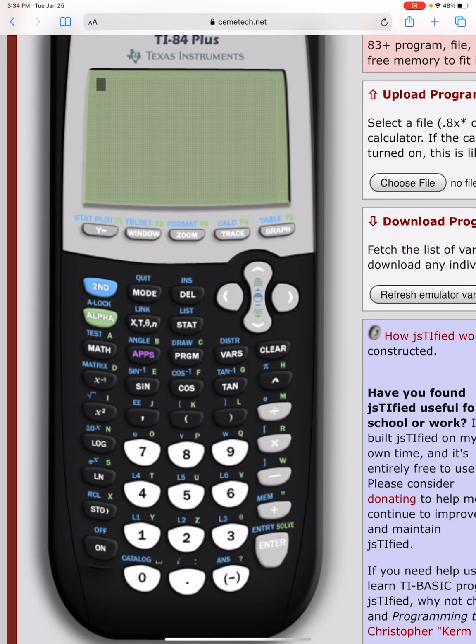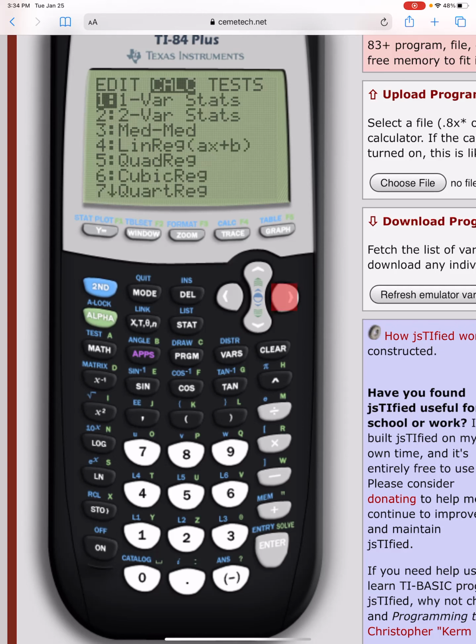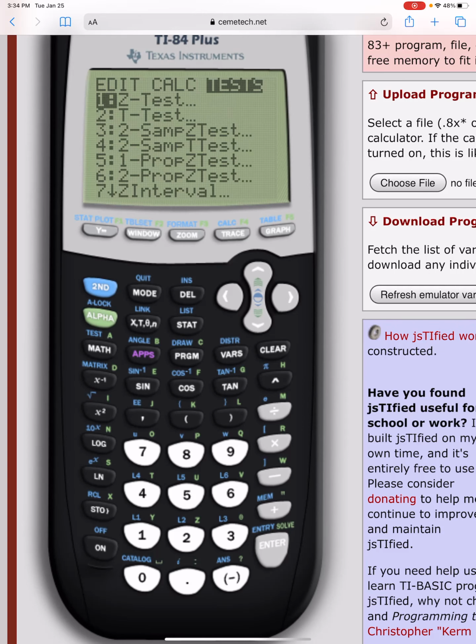So on the TI-84 calculator, whenever you're doing hypothesis testing, the button you're going to use is the stat button. So you're going to hit stat, and then you'll see in the menu it says edit, then calc, and then tests. You're going to go all the way over to tests, and right here is where all of our hypothesis tests are going to be.